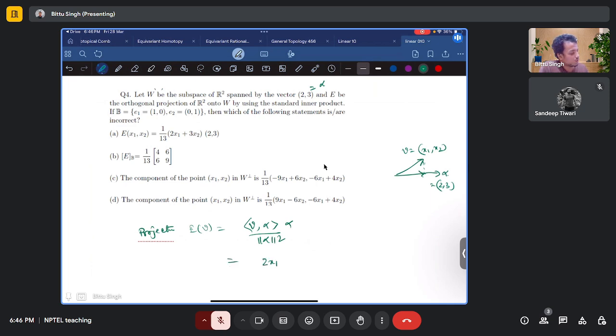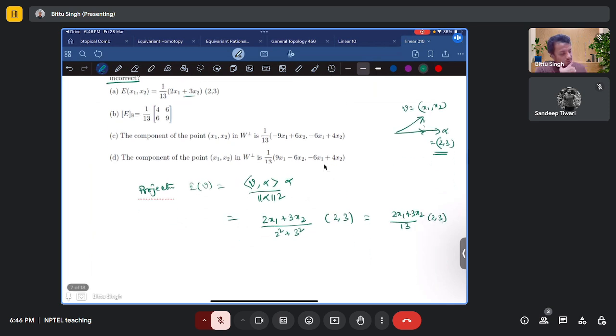This is simply 2x1 plus 3x2, right? What is norm alpha squared? This is 2 squared plus 3 squared, which is 13. So it is given by (2x1 plus 3x2) by 13 into (2, 3). We need to see which are incorrect. This is matching with this answer, so this option is correct.